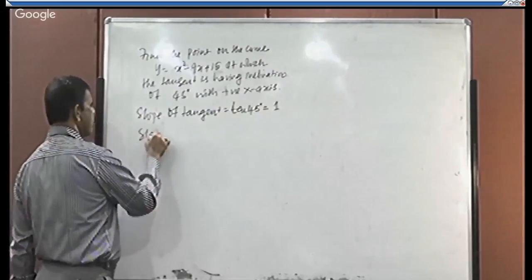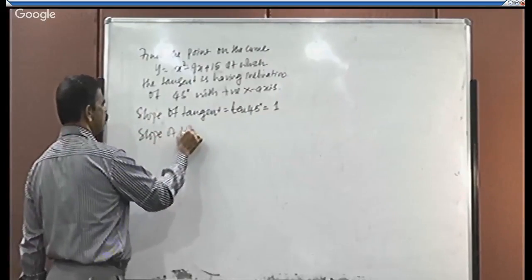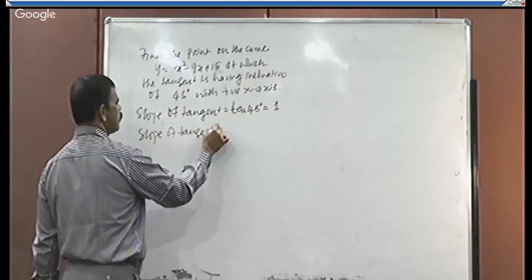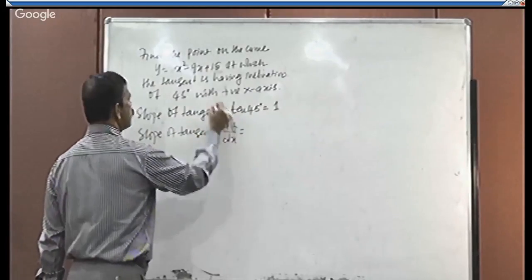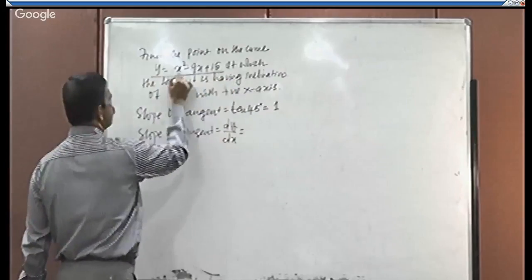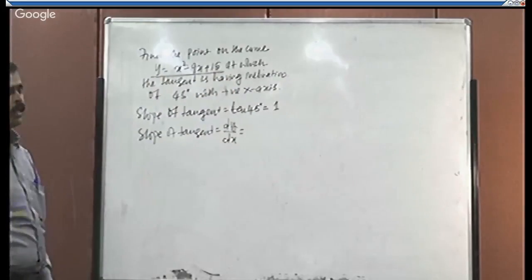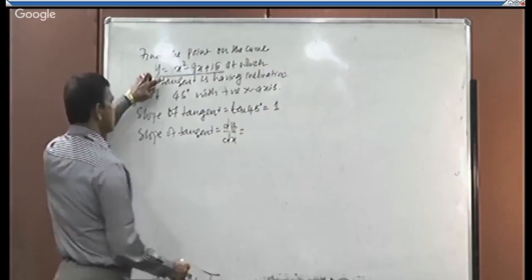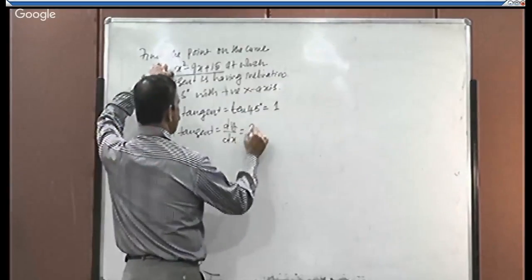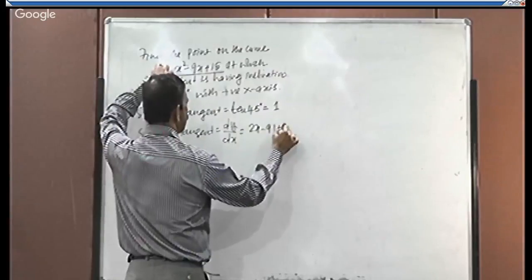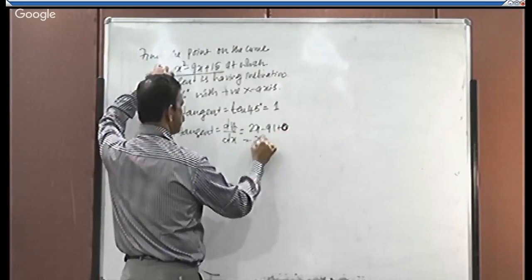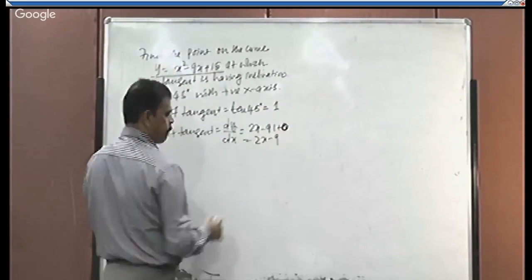Next, slope of tangent to the curve is dy by dx. Y is equal to x square minus 9x plus 15. Differentiate this: 2x minus 9 into 1, plus 15 is a constant, so 0. That is 2x minus 9.